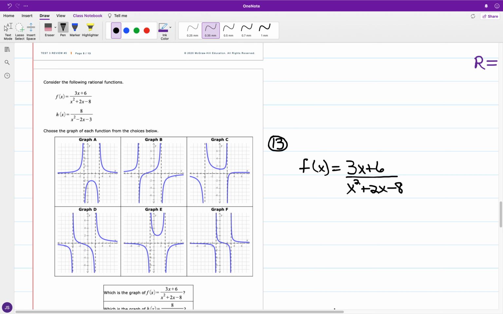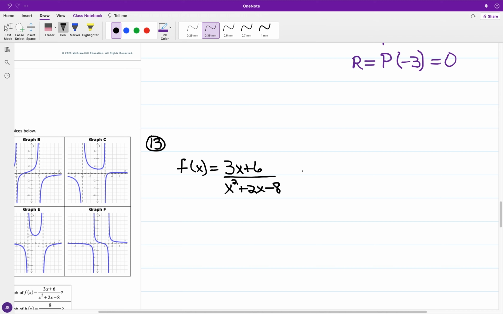First of all, we have 3x plus 6 over x squared plus 2x minus 8. Now if I factor, you have 3 times the quantity x plus 2. And for x squared plus 2x minus 8, we have the factors x plus 4 and x minus 2.